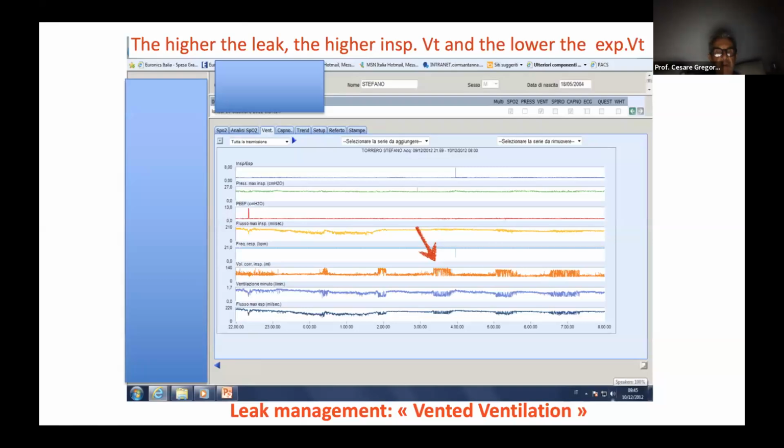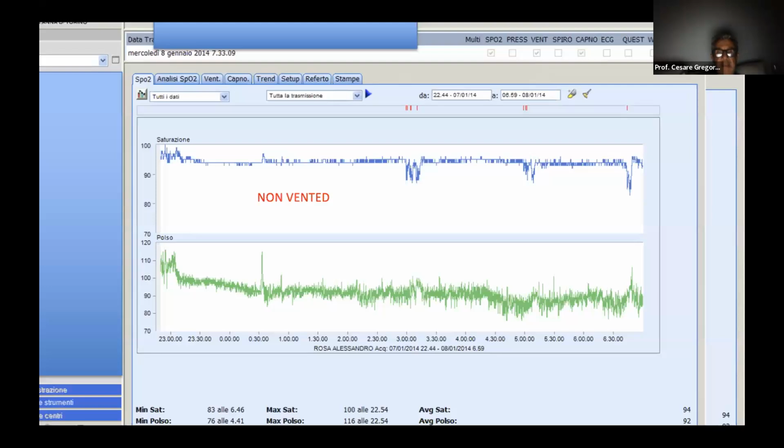And I want to show you real life. This is a patient at home during telemedicine. It was a pediatric patient, and you can see an increase in minute ventilation during uncuffed tracheostomy ventilation, an increase in tidal volume, a decrease in expiratory time and minute ventilation, and you can see some REM-correlated desaturation.